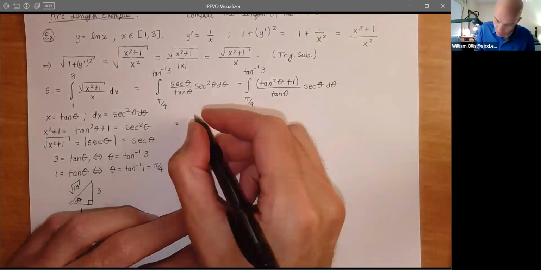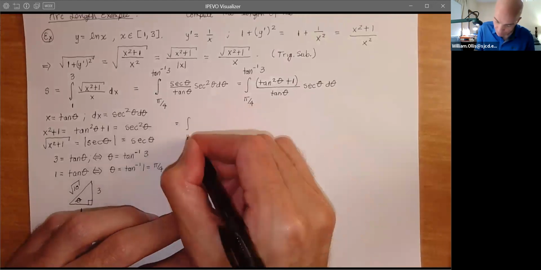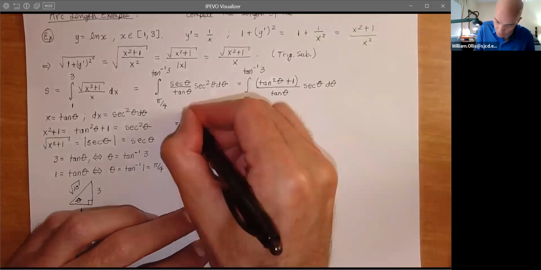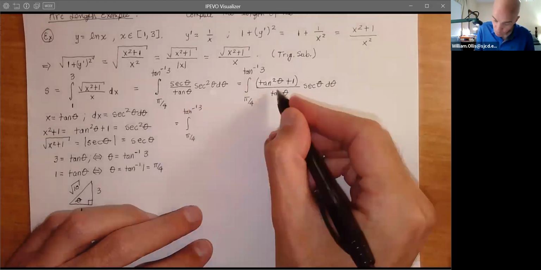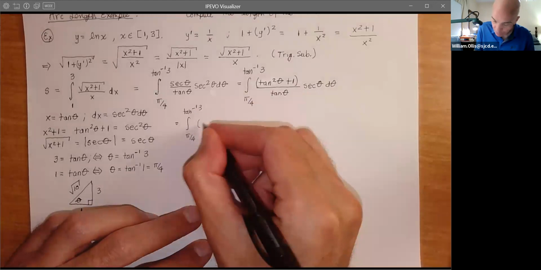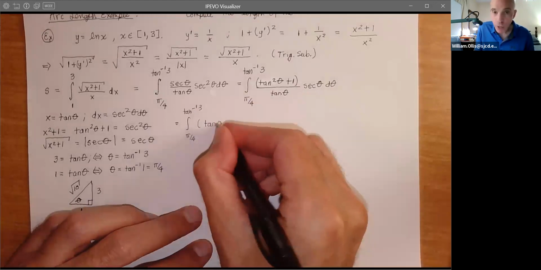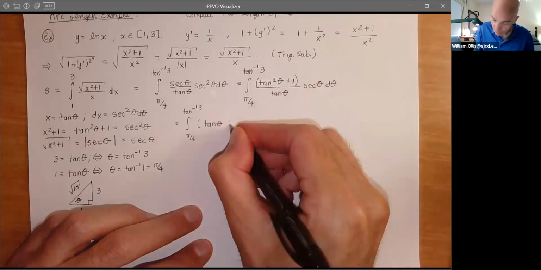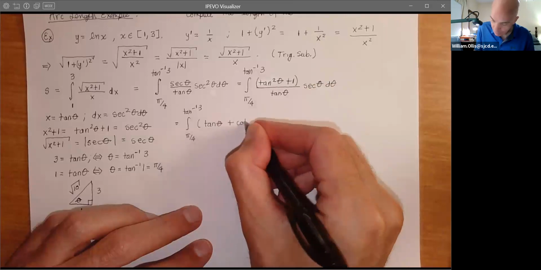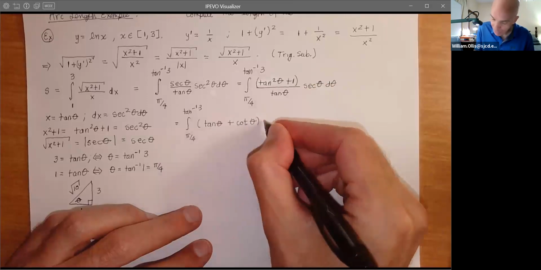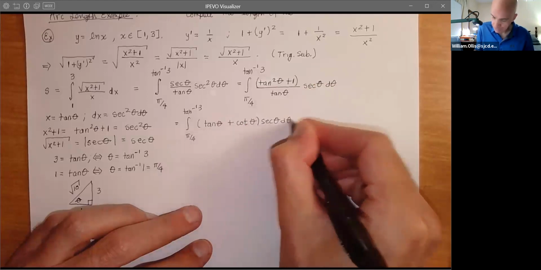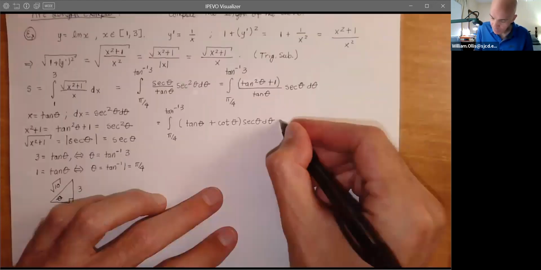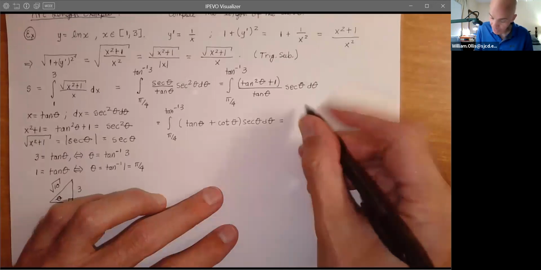So this will give us pi over 4 to inverse tangent of 3, and now we can divide. So this will give us tangent theta, and then 1 over tangent is just cotangent, and now we multiply by secant. So this will give us, well, at least things we can anti-differentiate.